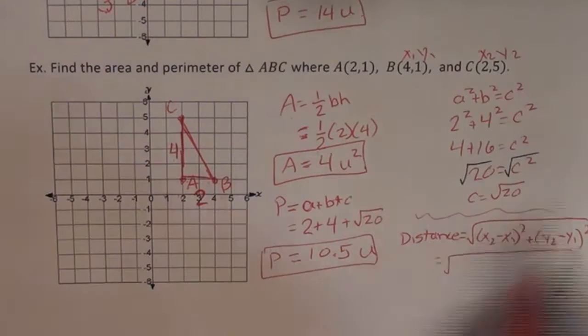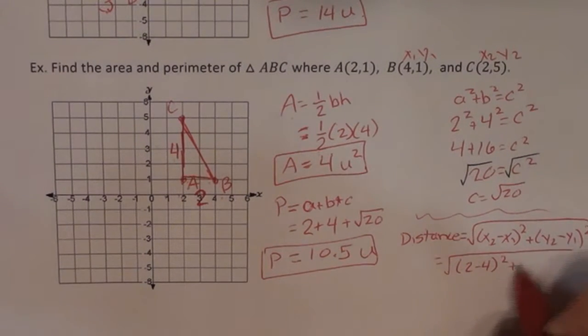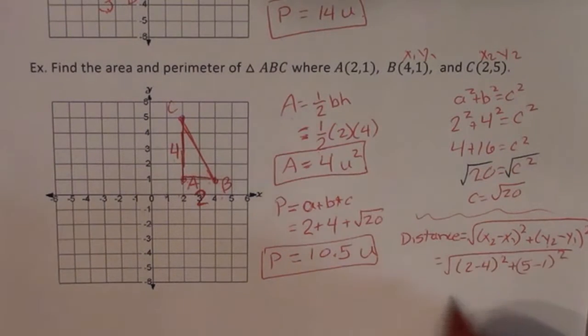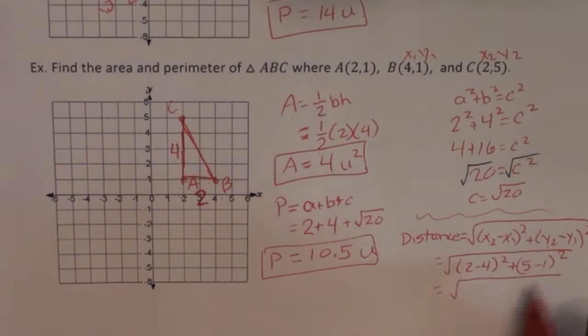x2 minus x1, 2 minus 4 squared, plus y2 minus y1, that's 5 minus 1 squared. Parentheses first, negative 2 squared plus 4 squared.